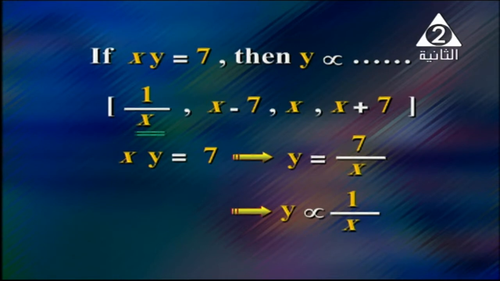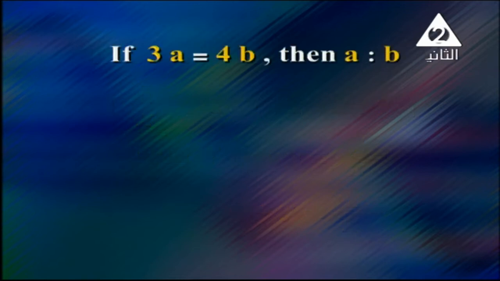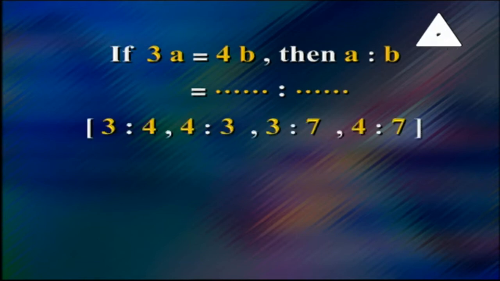Another example, if 3a equals 4b, then a ratio b equals what? Is it 3 ratio 4, or 4 ratio 3, or 3 ratio 7, or 4 ratio 7? First of all, 3a equals 4b.